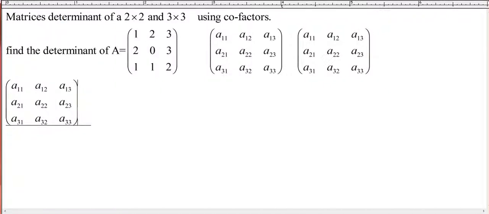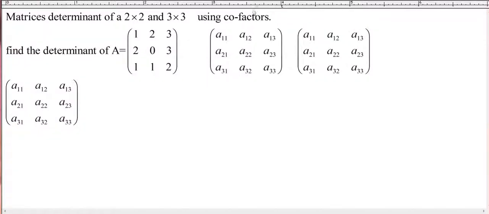So what we'll do is select any row we want to choose. It doesn't matter which row we choose, we'll still get the same determinant. We can choose the first row, the second row or the third row, and then expand through that row.